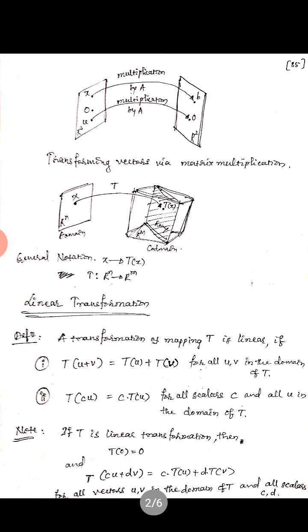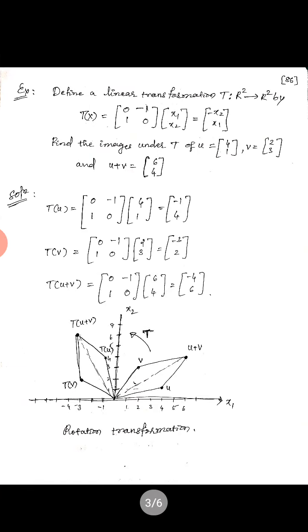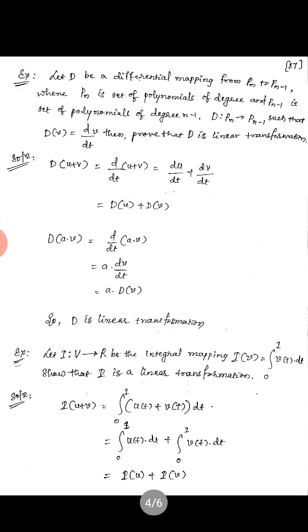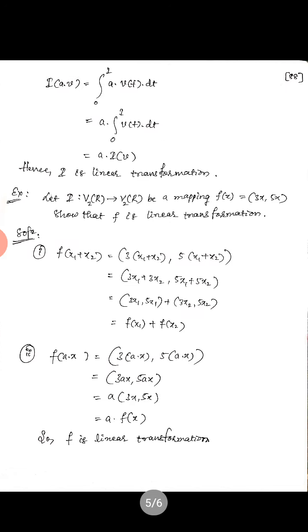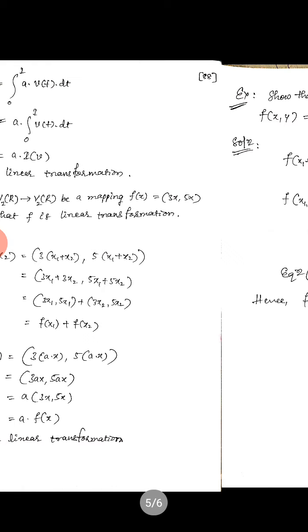We call a transformation linear on the basis of two conditions: the transformation of u plus v and the transformation of the multiplication c into u. Then I have taken one example with normal vectors, and one with respect to differentiation and integration. And here are some functions, to check whether each function is a linear transformation or not.